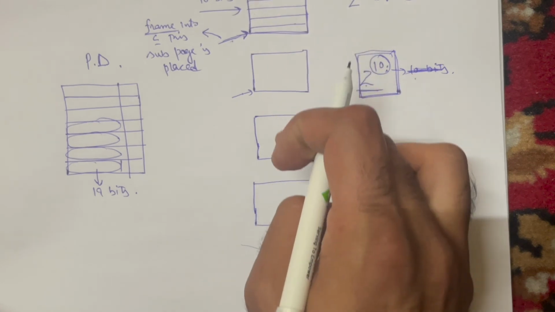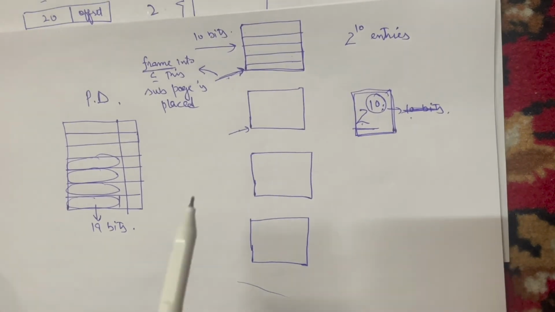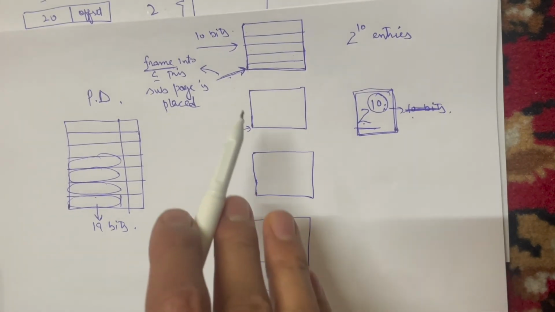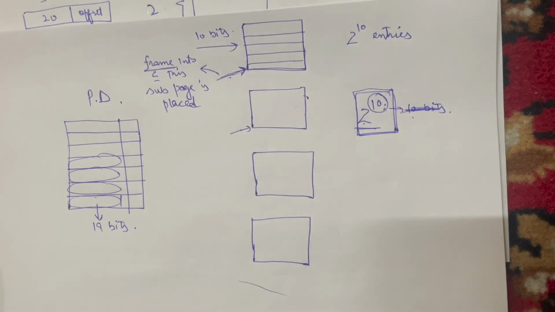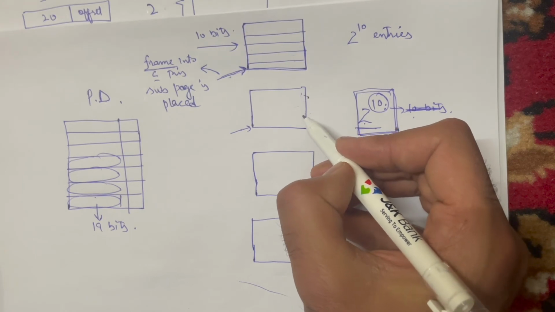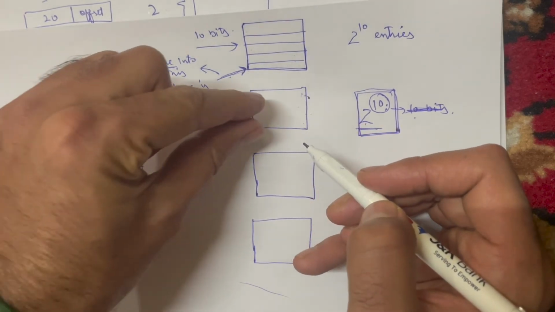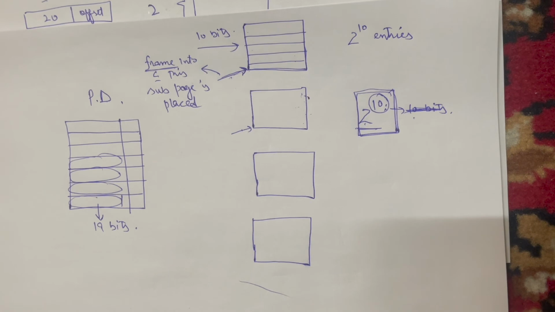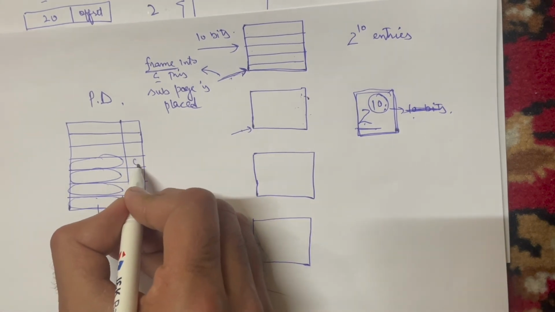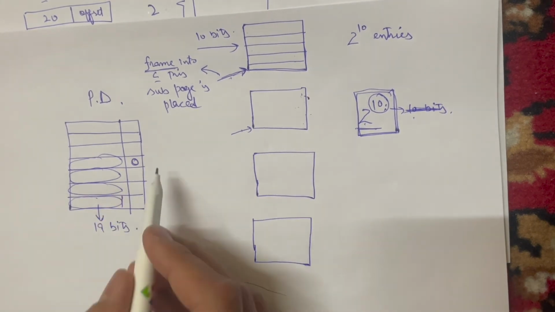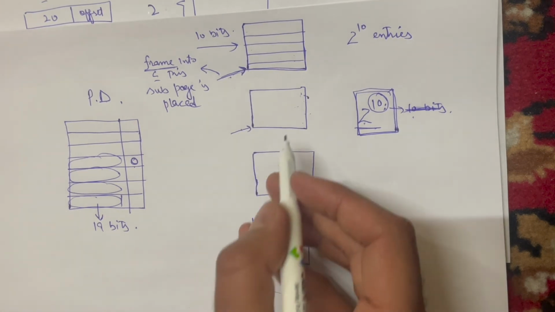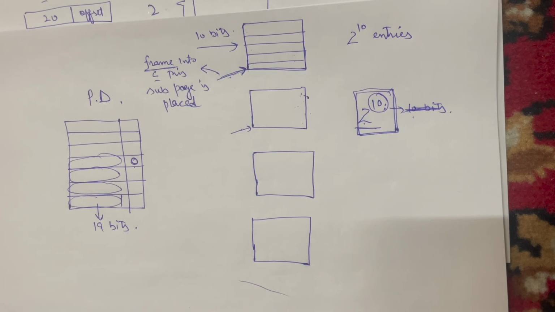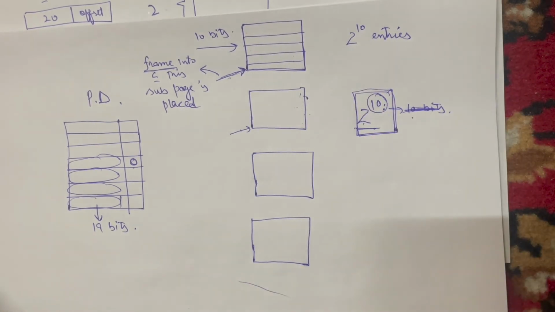In these sub pages we will allocate only those sub pages where there is at least one valid entry. If all the entries in a sub page are invalid, we will remove that sub page, and for it the valid bit here will be 0. Valid bit 0 means this sub page table is not there in main memory, so we will be able to save space.